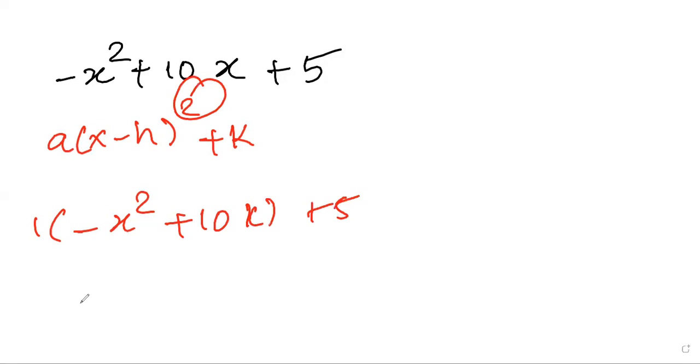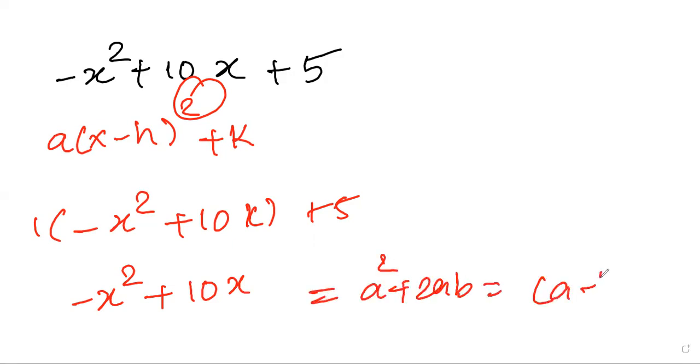Use a square plus 2ab is equal to a plus b whole square minus b square. You take minus outside, okay, we'll assume a as minus 1.